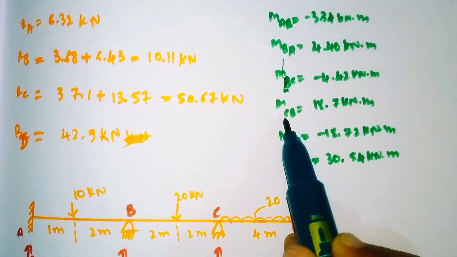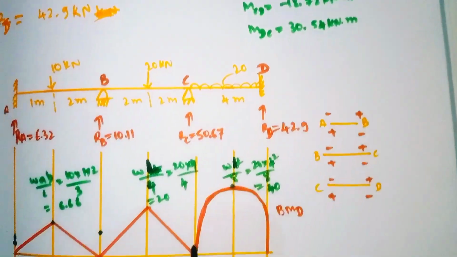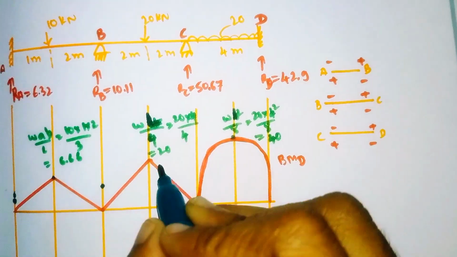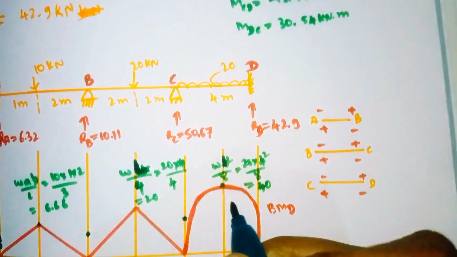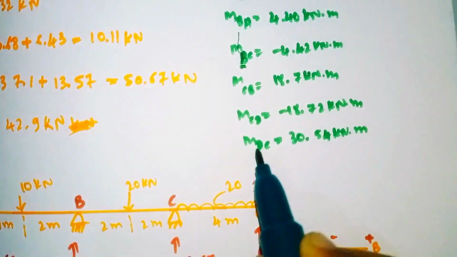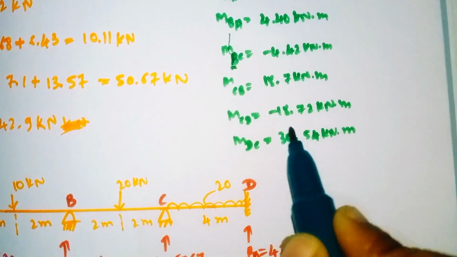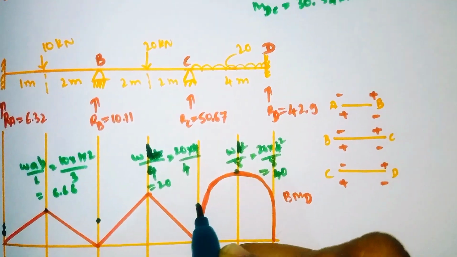The first point is C, so it will come at point C, 18.7. 18.7 means it comes below 20, so it comes here. Similarly for MCD, the first point is C here, minus 18.72 means it also comes here only.